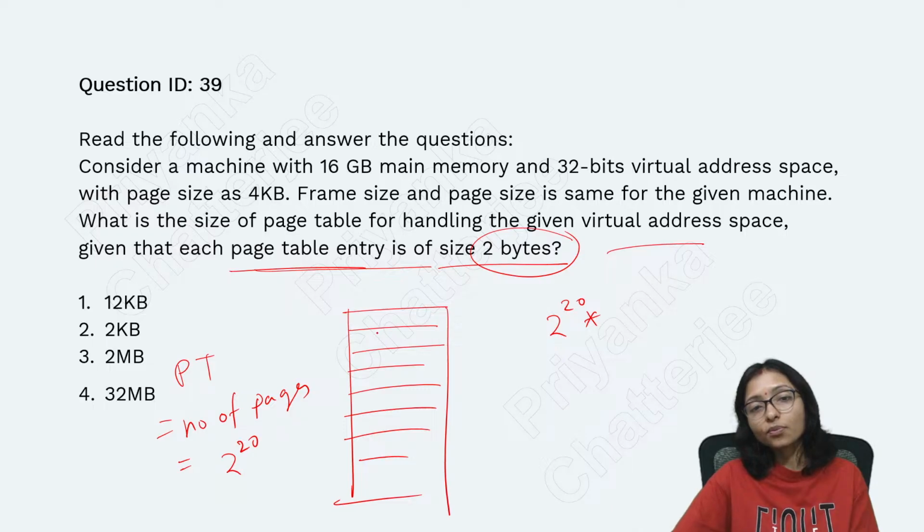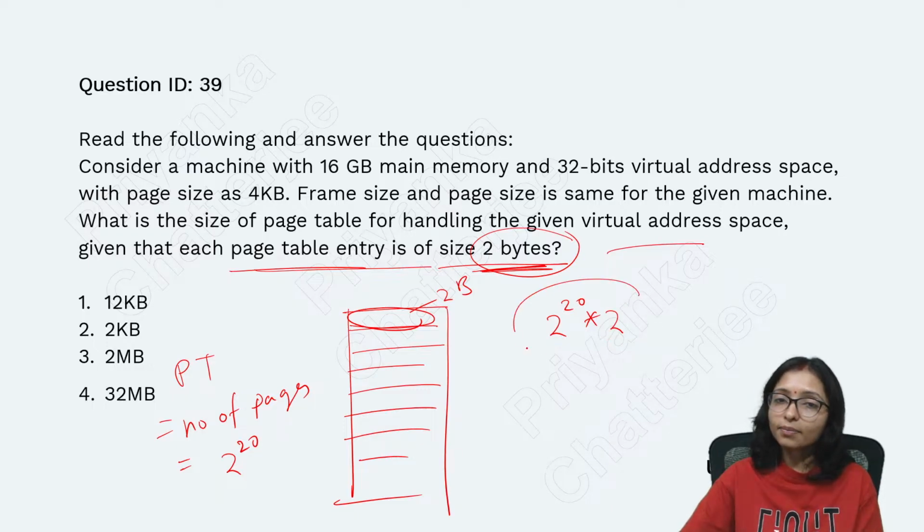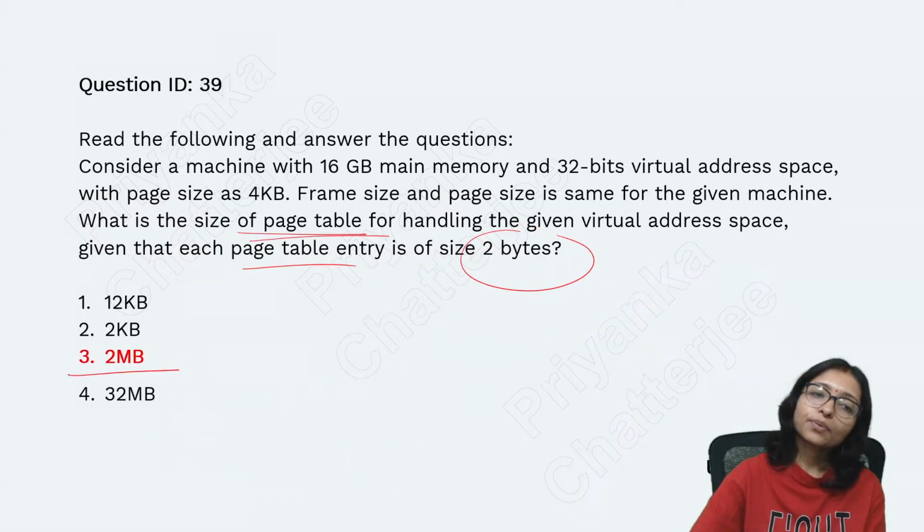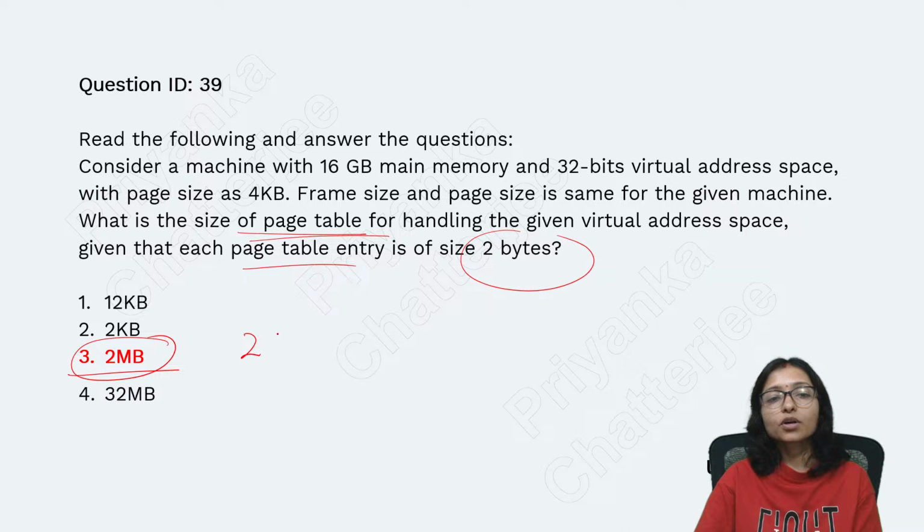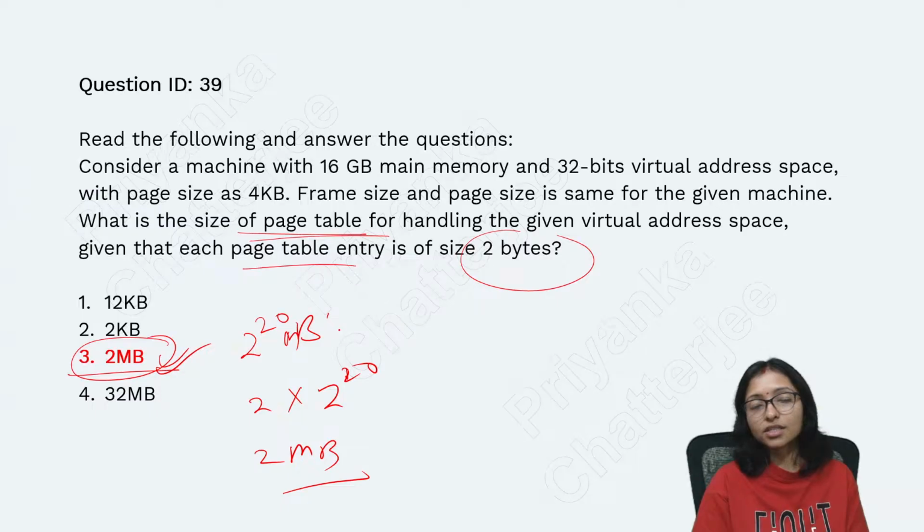Each one stores 2 bytes, as given. So 2 to the power 20 multiplied by 2. Directly we can answer 2 MB, because 2 to the power 20 means MB, and multiplying by 2, the page table size is 2 MB.